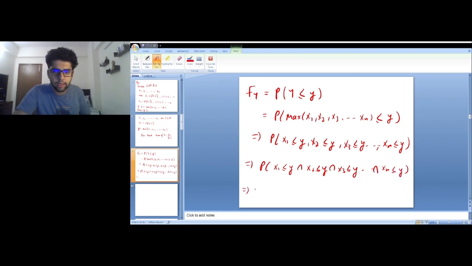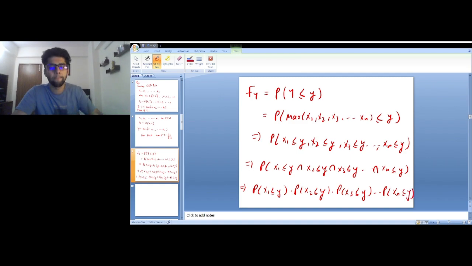But these are independent random variables, so this is the product: probability of x1 less than or equal to y into probability of x2 less than or equal to y. This is a property of independent random variables, right? So x3 less than or equal to y till probability of xn less than or equal to y.